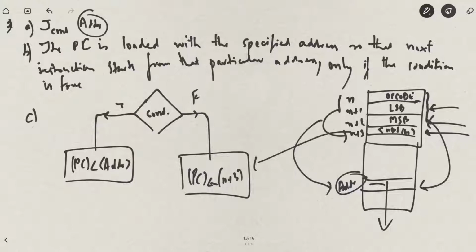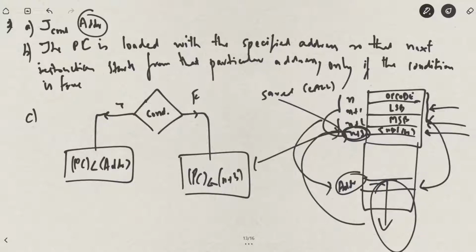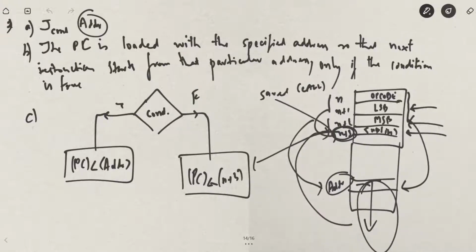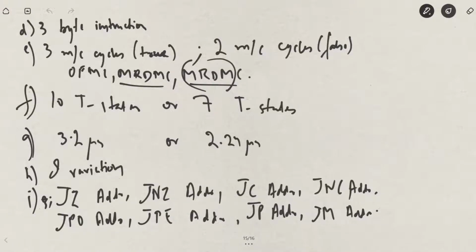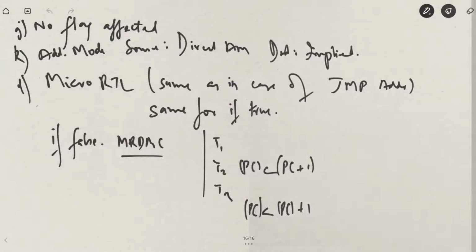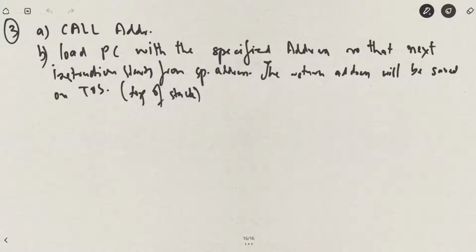That means whatever address is this address will be saved. Once this program here is executed, it will return back to this program. In case of jump, it does not return back. In case of call, it returns back because this address has been saved on the top of the stack.